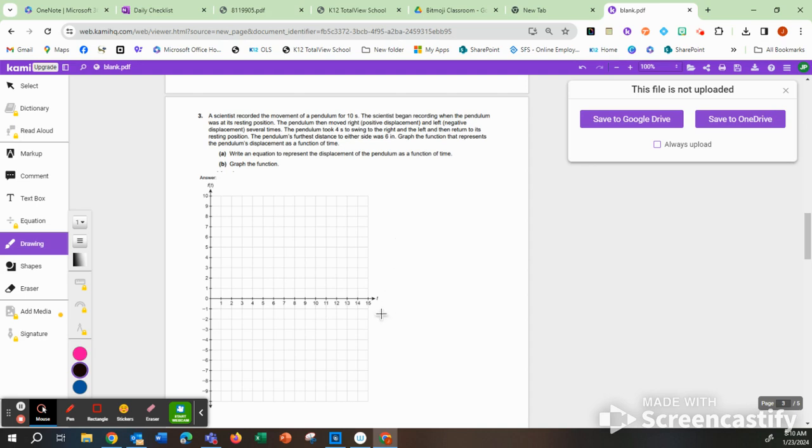So the x-axis is time, and then the f of x, or the y-axis, is, it's going to be, what are we measuring in? So just begin recording. The pendulum moved right.